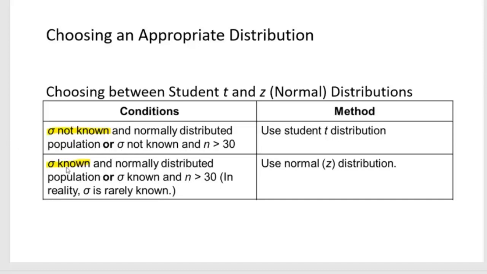So just read real closely. Also, don't forget that they're going to ask you some questions about whether or not you can do this. You would have to pay attention to, is it a normal distribution or is n greater than 30? Because here you've got to have one of those two things. It either has to be normal or n has to be greater than 30.